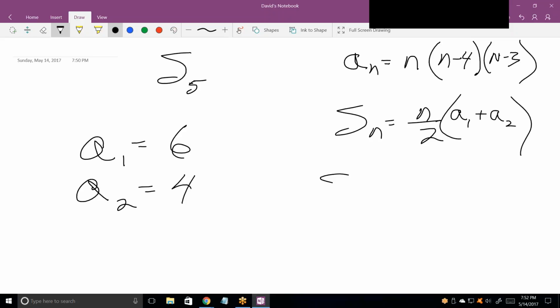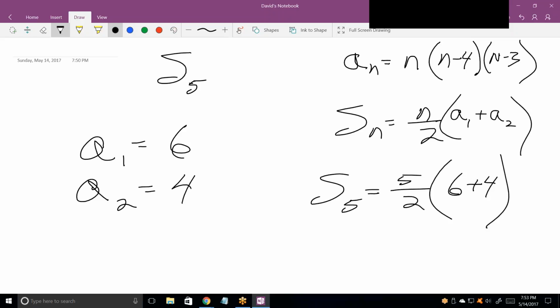Now, S sub 5 should be 5 over 2 times 6 plus 4, which is 25.